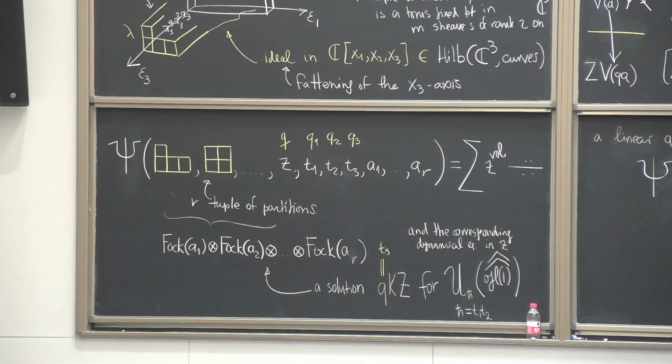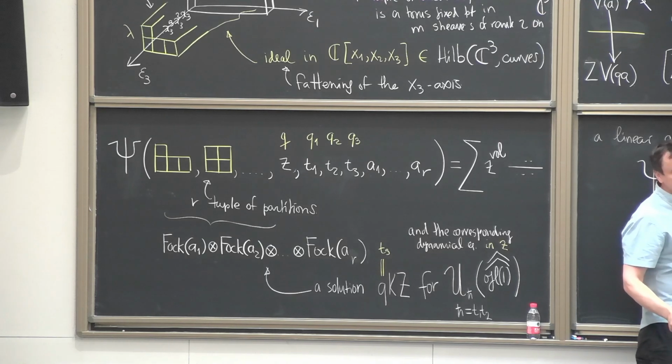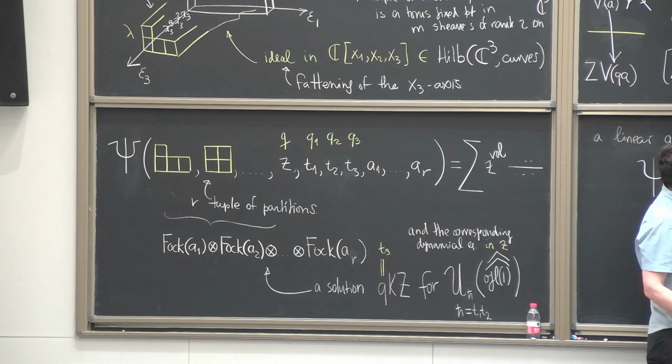I want to talk about how they actually construct R matrices. On the central board, I was explaining that QKZ has a very remarkable property. If you think this is supposed to somehow reflect some geometrical problem, the fact that this quantum variable z enters only monomially is an extremely remarkable property.